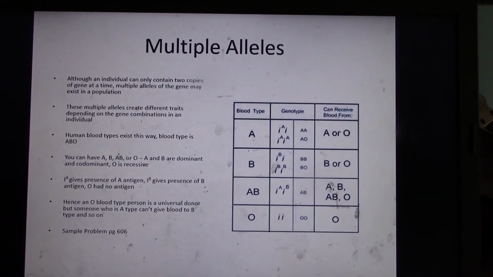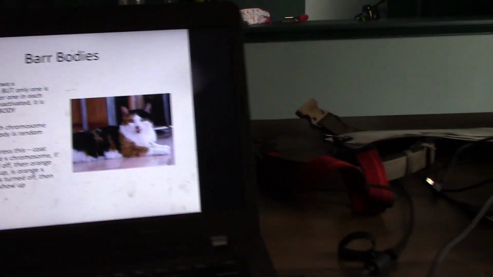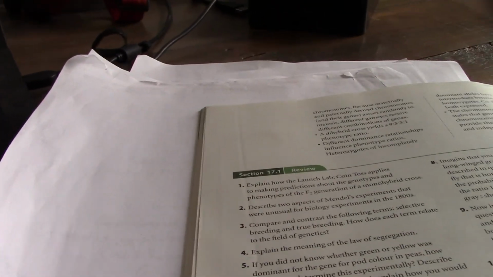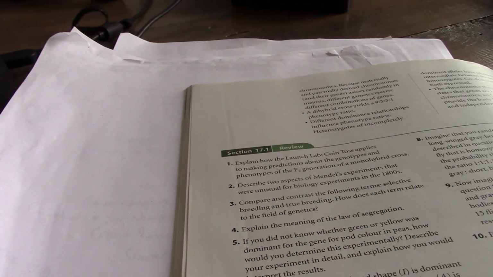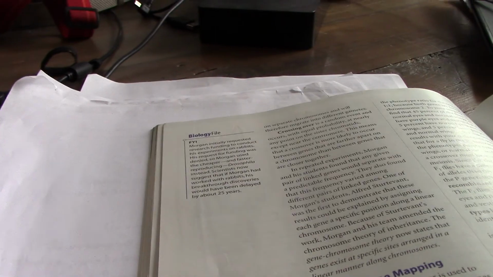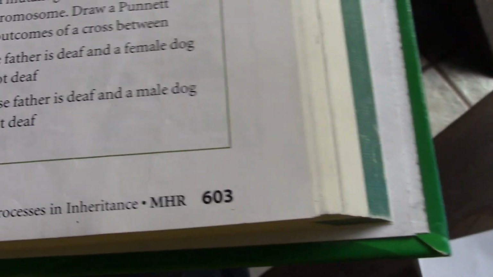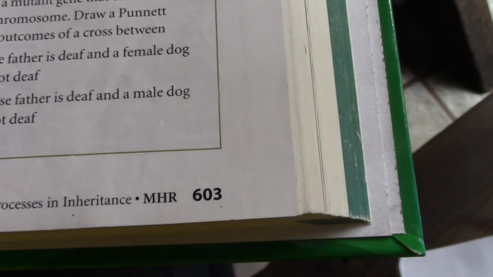I'll talk about multiple alleles after I talk about X-linked traits. X-linked, McGraw-Hill, page 603.